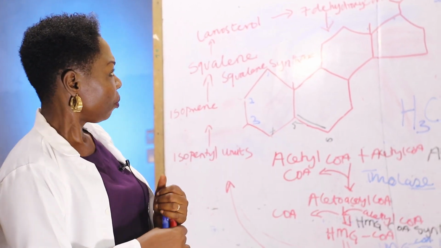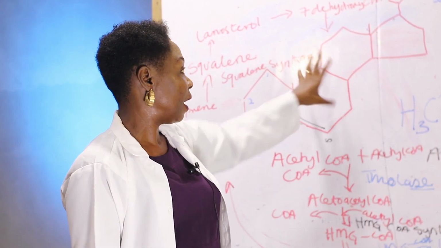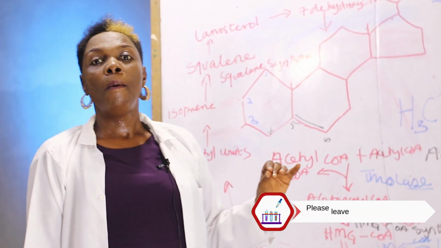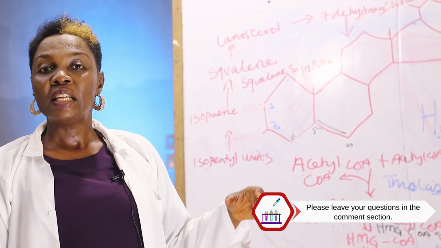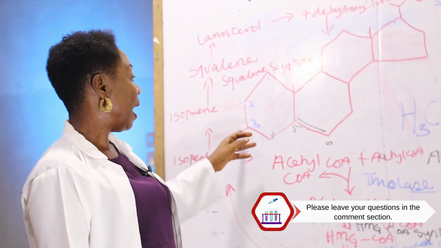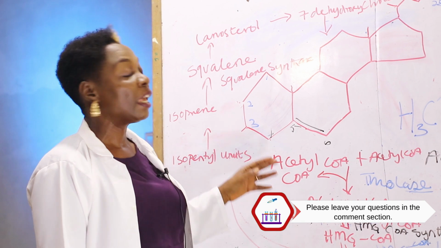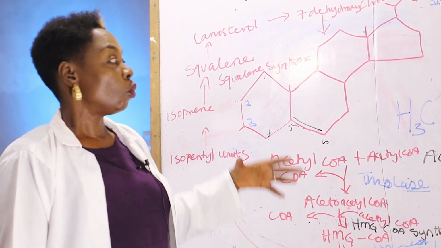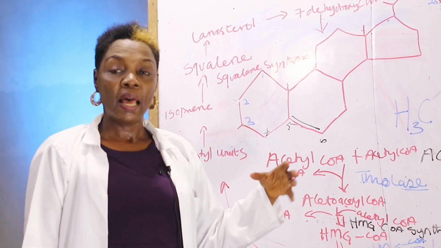Now, cholesterol in its free form is what you have here. But cholesterol must be taken up by the cells. And at that point, cholesterol esters are formed, where fatty acids are added to this hydroxyl group of cholesterol to make it more hydrophobic. So cholesterol is stored as cholesterol esters.